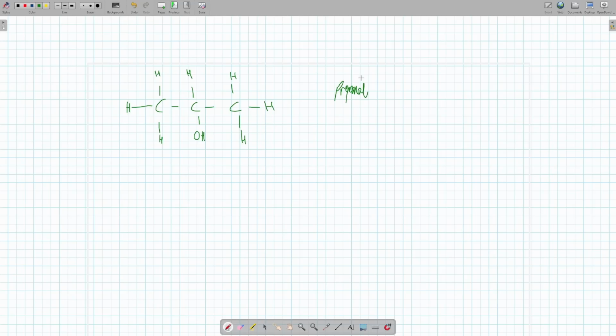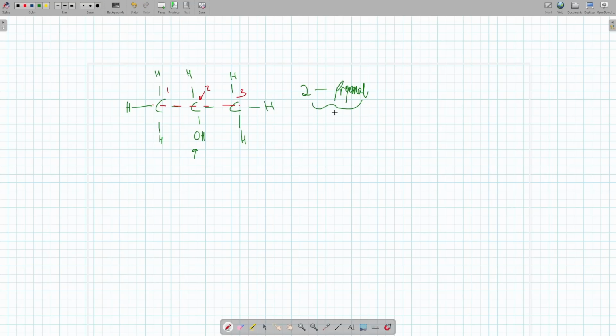But the thing with alcohols is that this OH matters, okay? We need to know where it is. So you do as normal, propanol, but you need to mention where the OH is. Over here, the OH is on the second carbon, right? 1, 2, 3, it's on the second carbon. So we just say 2-propanol, and for written parts, this is accepted.